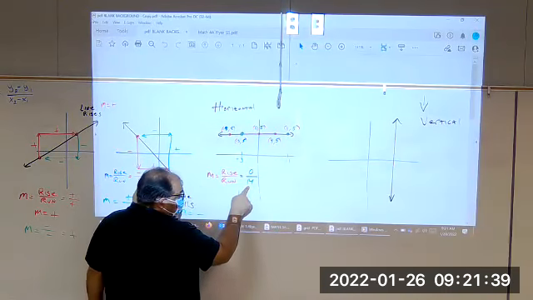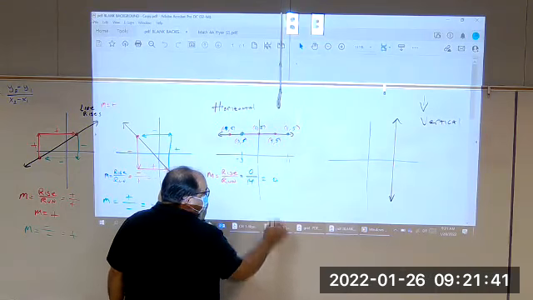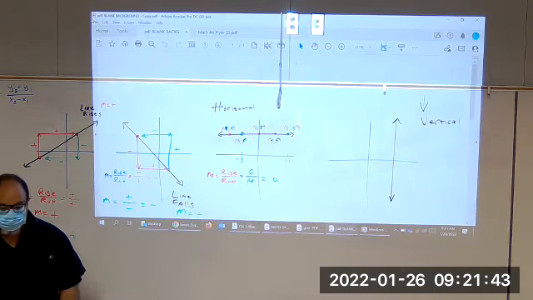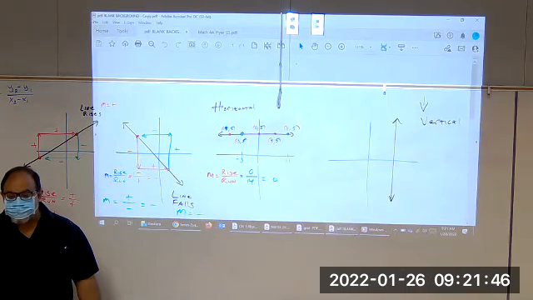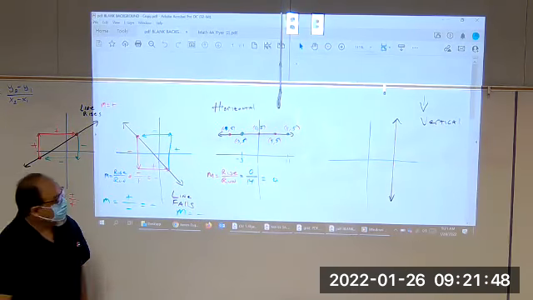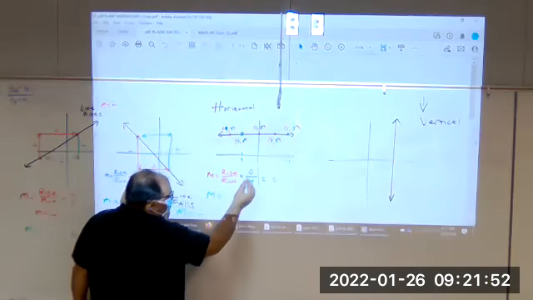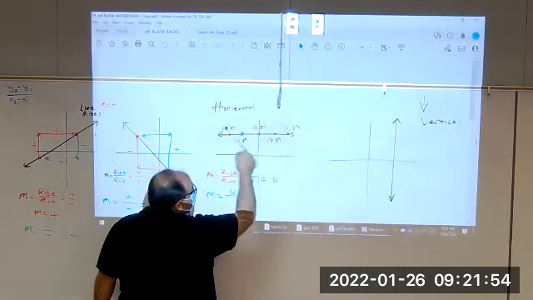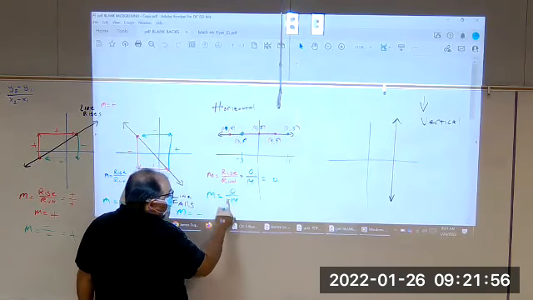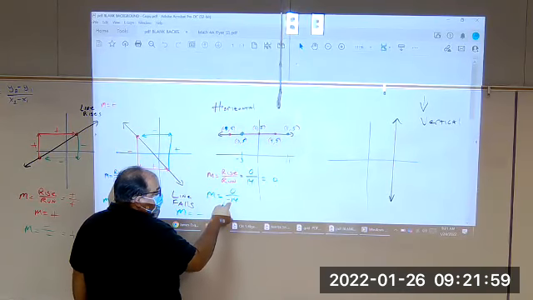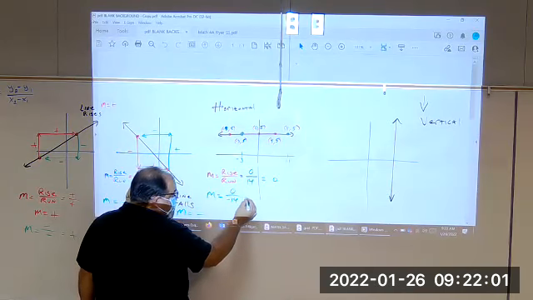0 divided by a number is 0. A horizontal line, the slope is 0. If I went from right to left, it would be 0. And if I go to the left, it would be a negative 14. It's still 0 divided by any number besides itself is still 0.